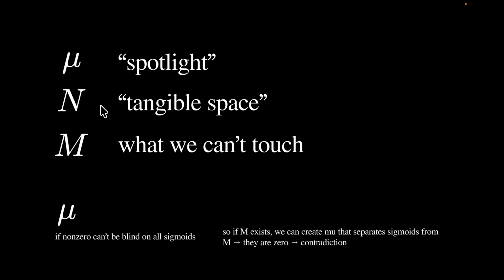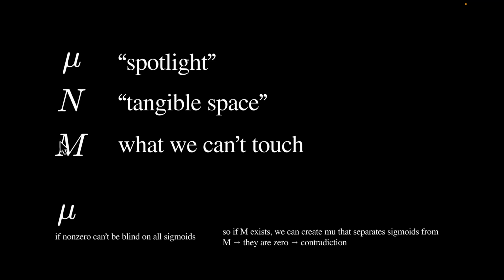And if such a mu exists, then, because the sigmoids are involved in the tangible space, because it involves, as I've said, everything that can be approximated from sigmoids, obviously sigmoid can approximate itself. So this uppercase M can be such that there is a spotlight that is blind to M but not blind to this tangible space, or vice versa.